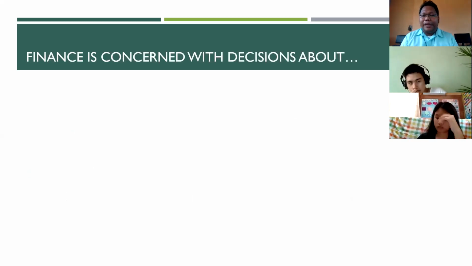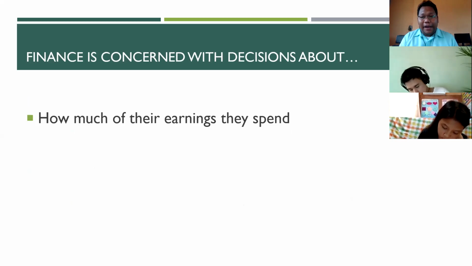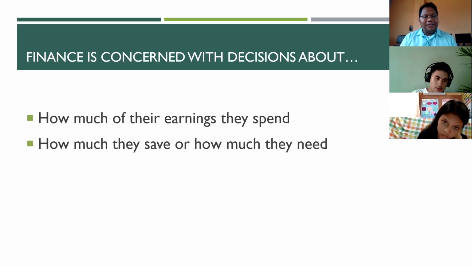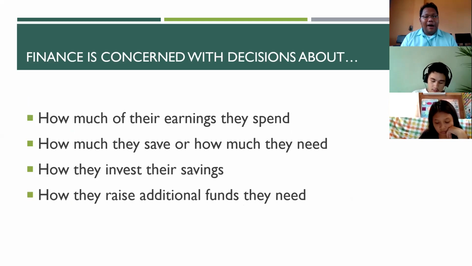Finance is concerned with decisions about how much of the earnings people actually spend, how much they save, how they invest their savings, and lastly, how they raise additional funds they need.